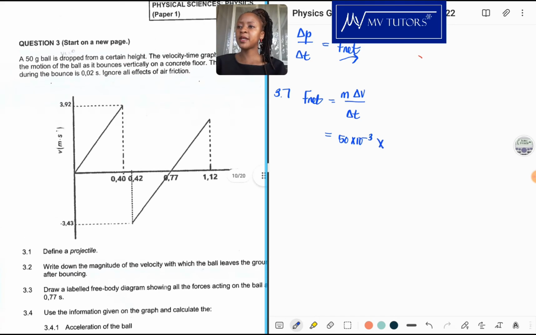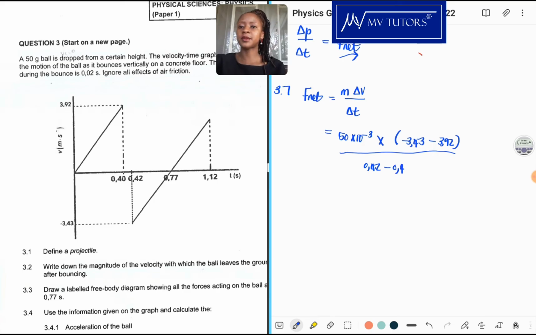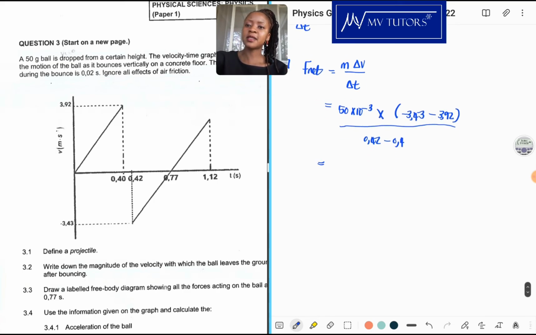The final velocity was negative 3.43, the initial velocity was 3.92, and all of that over delta T, which is 0.02. So what is that force?